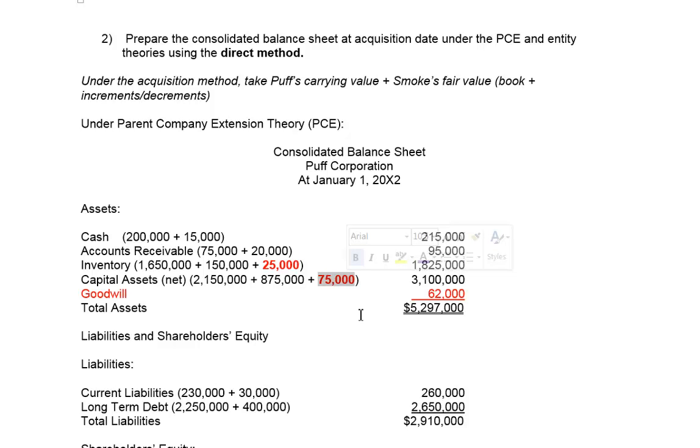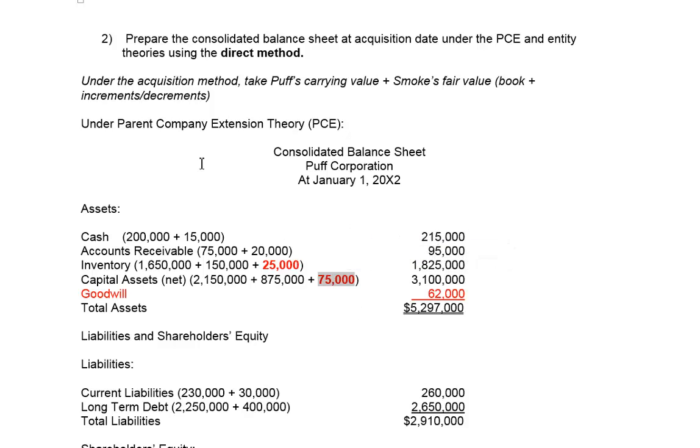You're going to learn when we get into further chapters that when you have intercompany sales of assets and you have to prepare consolidated statements down the road, you're going to have other things that are going to affect these types of accounts, like inventory and capital assets. And the amortization of these increments is one of them.